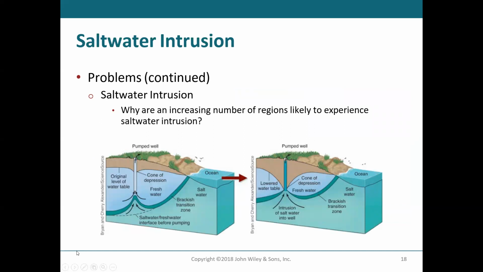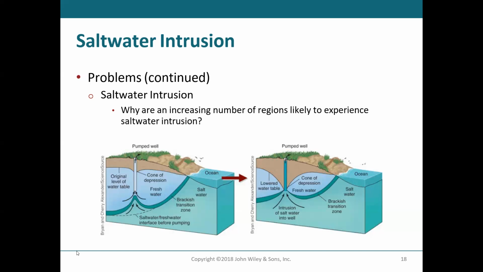Another big problem of too little water is saltwater intrusion. And this is an important topic right here in South Florida. Since we are pumping fresh water from our Biscayne aquifer at a high rate to give fresh water to all of our residents, it is depleting the water table and allowing this cone of depression to move up, allowing ocean water and salt water to enter the aquifer.